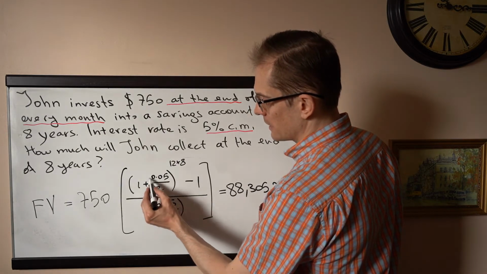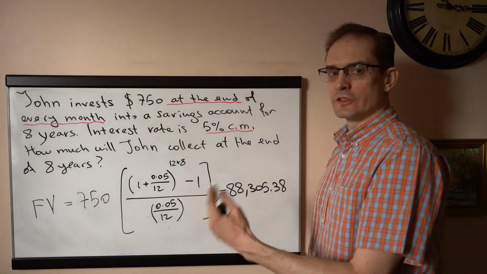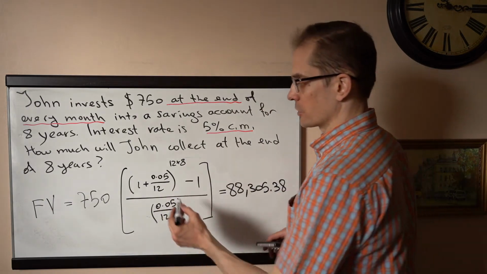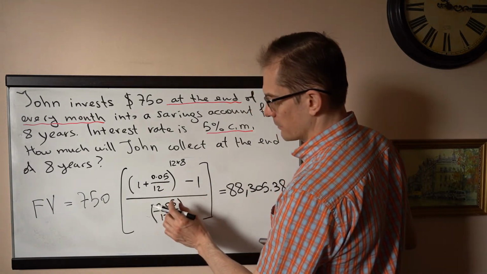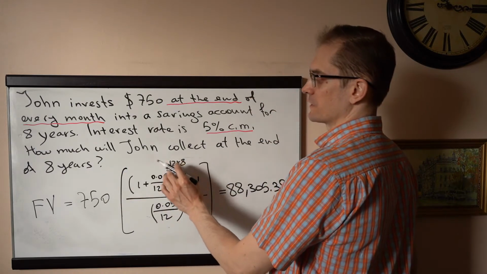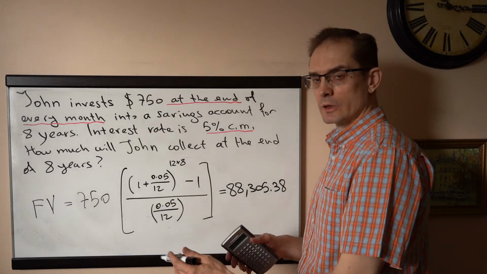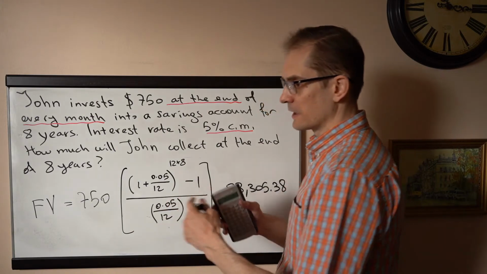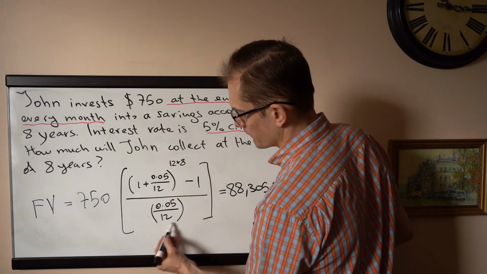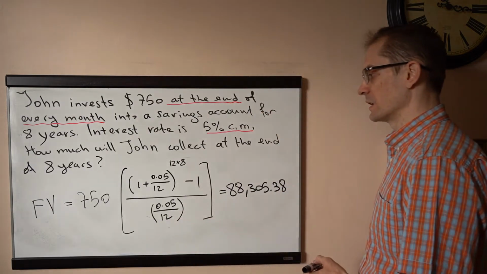I find it convenient to calculate the periodic rate, 0.05 divided by 12, and keep that in the memory of my calculator. For example, I do 0.05 divided by 12, then STO 1, which puts it in the memory of my BA II Professional calculator. Then I do plus 1, and take the exponent, which is 96. If I didn't know it, I would compute it separately and store it in another place, say STO 2. Then I subtract 1 and divide by the periodic rate, which is already saved in the calculator.